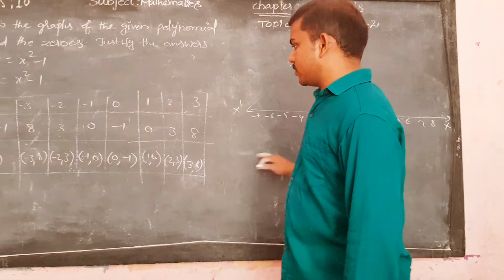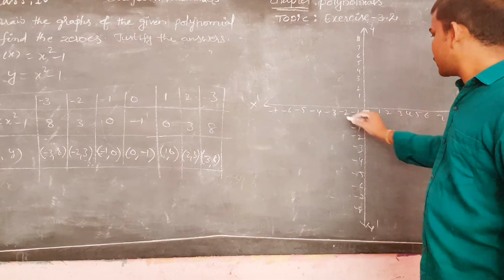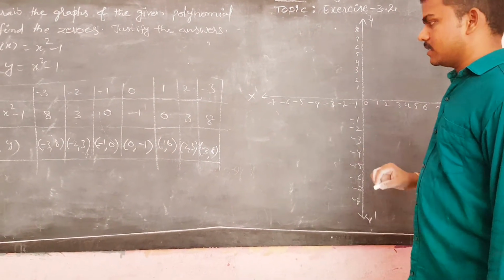Take these points to draw the graph. Minus 3, 8, this is the point.